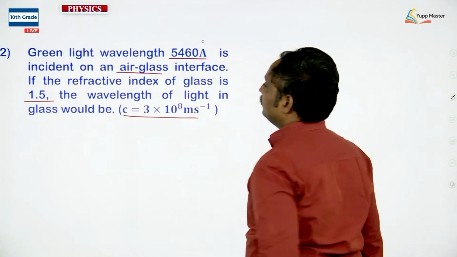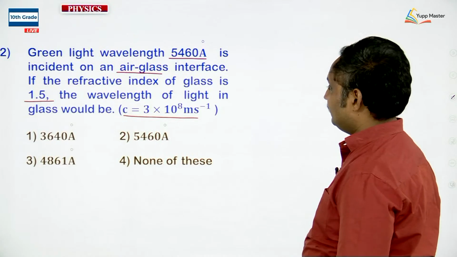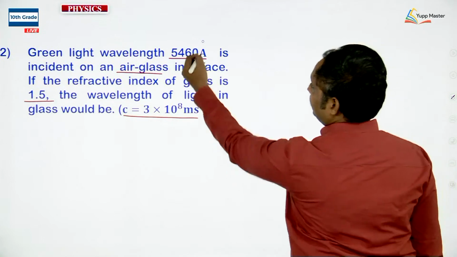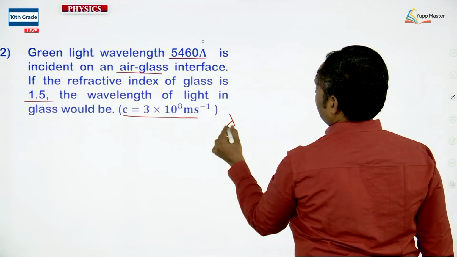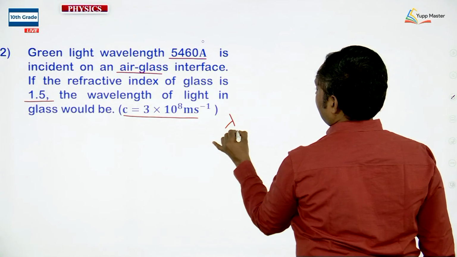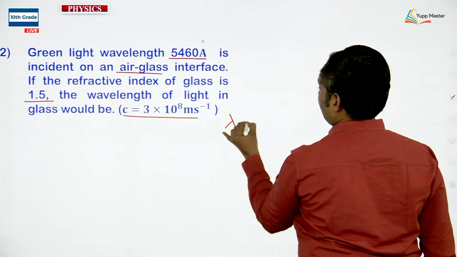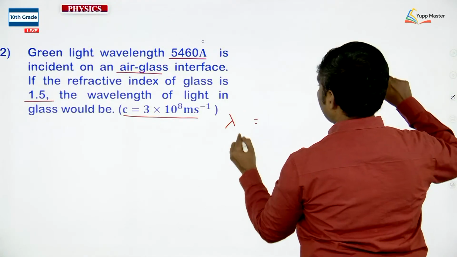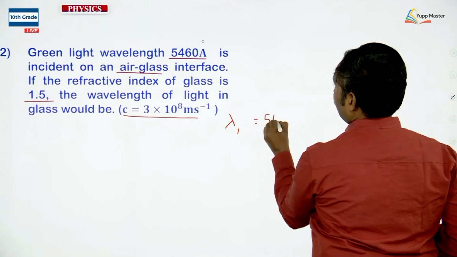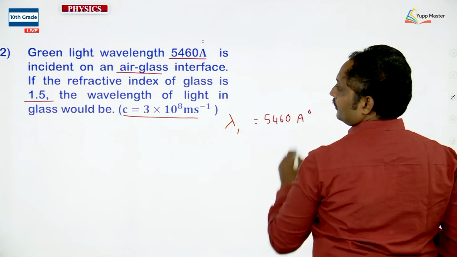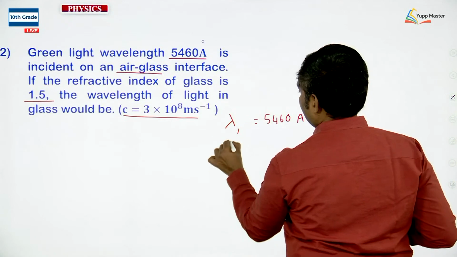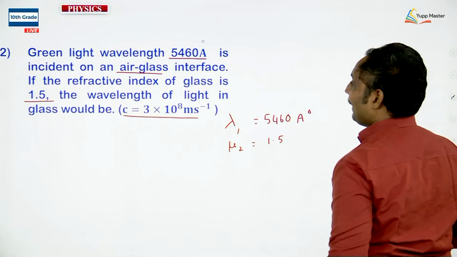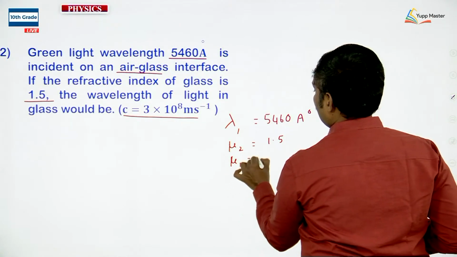They have given the speed of light, C, also. Now you can take the given data. Lambda 1, that is lambda of air, is equal to 5460 angstrom units, and mu 2 is equal to 1.5, and mu 1 is equal to 1, that is air.